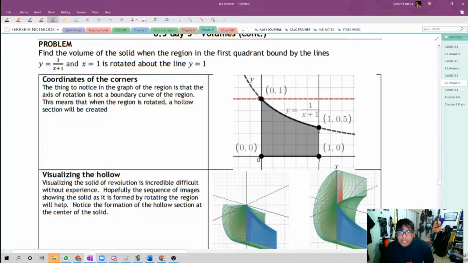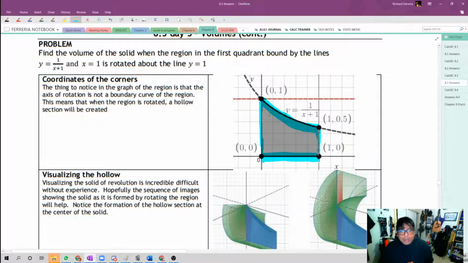X equals 1 is here. Let's do that in a different color. X equals 1 is over here. We're in the first quadrant, so we're bound by here and here. And then we're also bound by, of course, 1 over x plus 1.